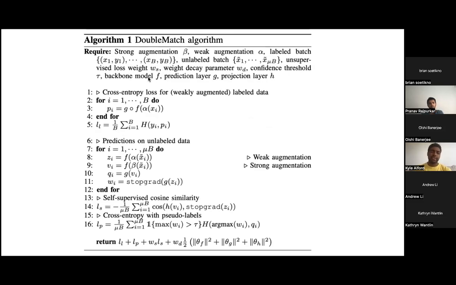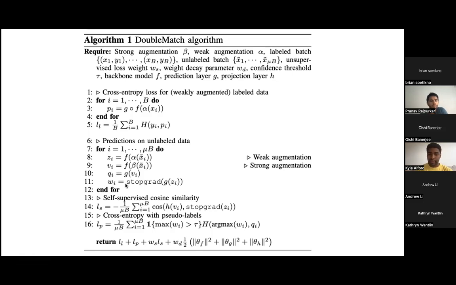And just really quickly, this is the overall algorithm, the DoubleMatch algorithm. I won't go too deep into it because it would be re-explaining what I've already explained, but you have the supervised loss being calculated for the cross entropy. And then down here, you have the unlabeled data where it's segmented into the self-supervised loss and the pseudo-labeled loss.